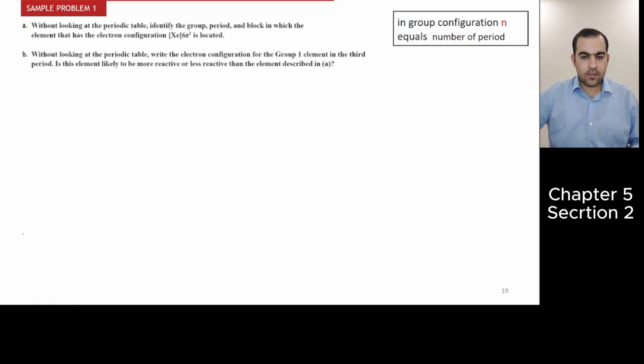We have another type of question. The question gives you the group and period, and it tells you to write the electron configuration. How do I know? The element is in group 1. For the group 1 configuration, you must write ns1. It means the electron configuration ends with ns1. N equals what? In the group configuration, n equals the number of the period. The period is the third period, so n equals 3.